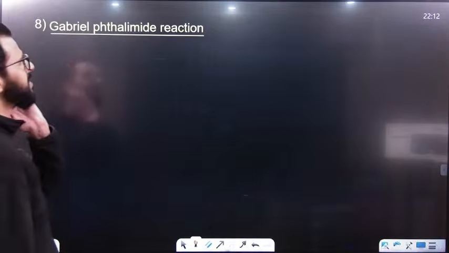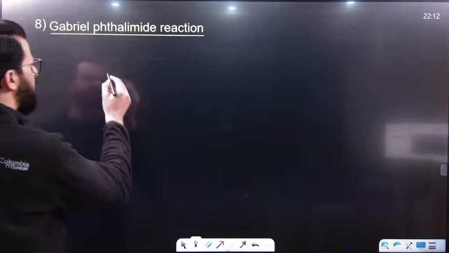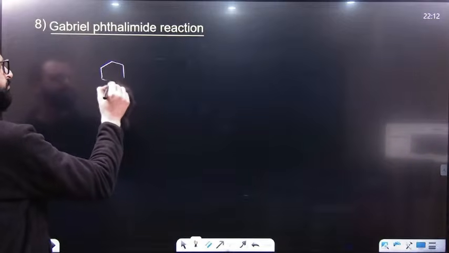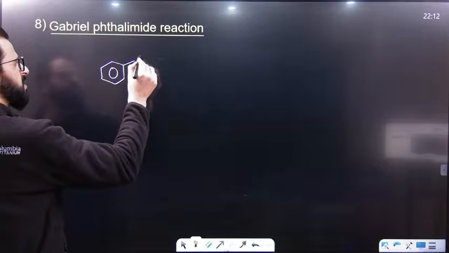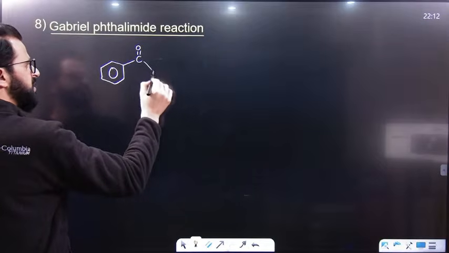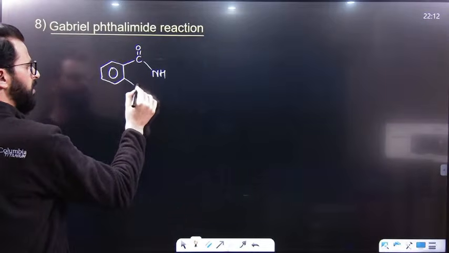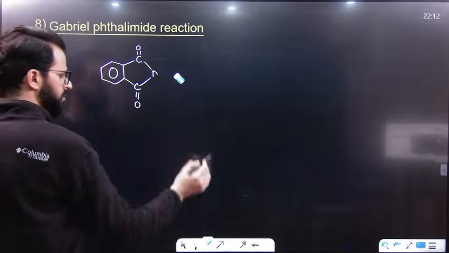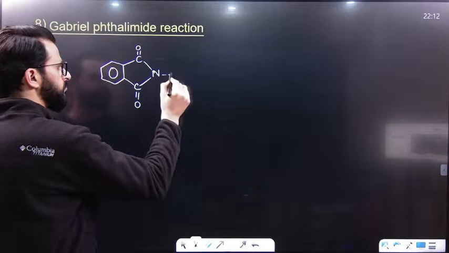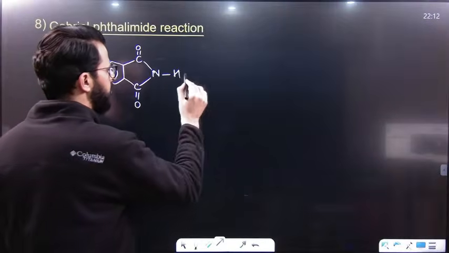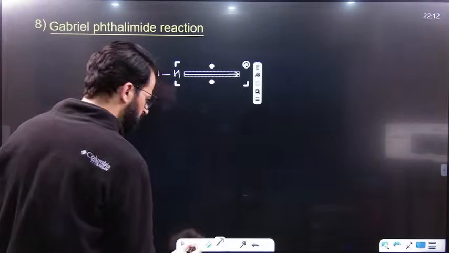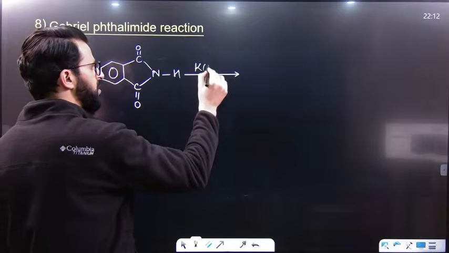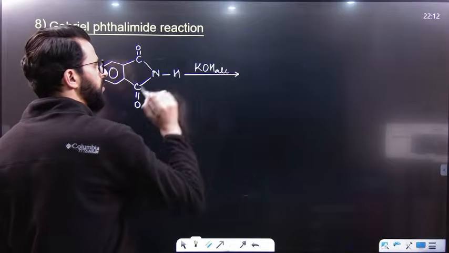Now, after that, it's Gabriel phthalimide reaction. What is phthalimide? Phthalimide is this one. This is imide. It's not amide. This is imide. So, can I write this H like this? When this is treated with a base, for example, alcoholic potassium hydroxide, what will happen?